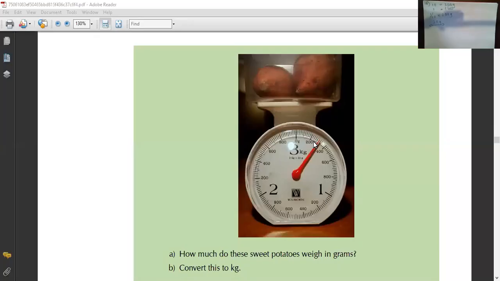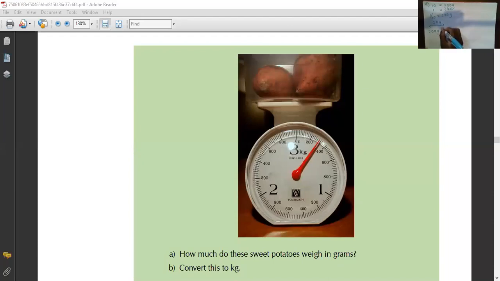So we need to count now how many divisions we have. Okay? So let's look at the question again. How many divisions do we have? We have 1, 2, 3, 4, 5. 5 divisions after 200. So we have 200 grams, from here to there. Then we count there are 5 divisions.